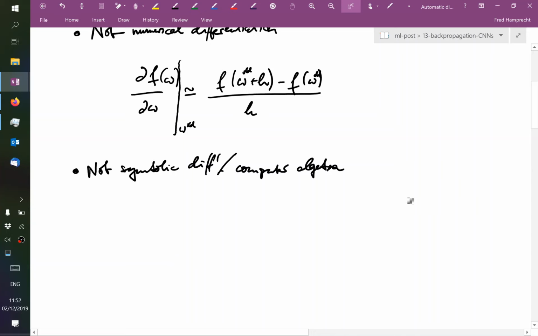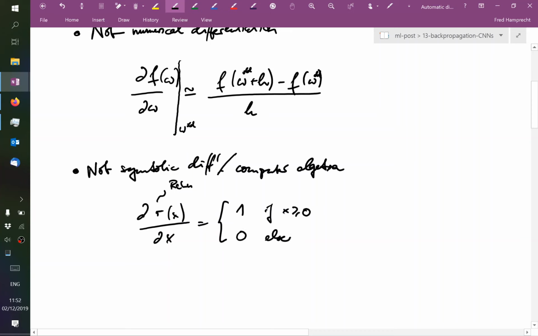So, for example, if I differentiate the ReLU function r of x by x, where this here is the rectifying linear unit, then a symbolic method would give me the answer that it's 1 if x is non-negative and it's 0 otherwise.